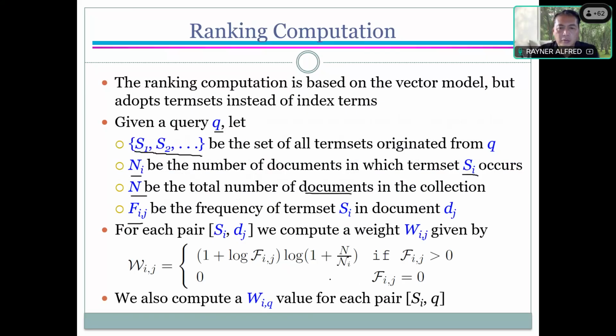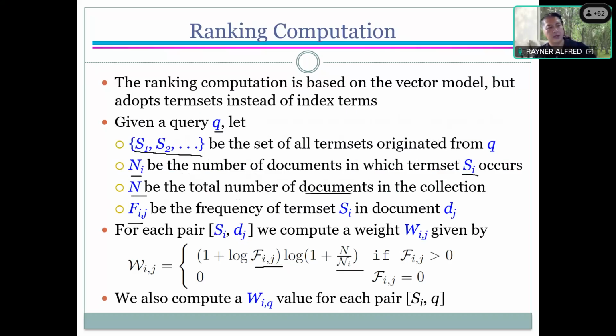So if you look at the formula, it is more or less the same. So this is your frequent term set, and this is the number of documents containing the frequent term set that we have. So the weightage will depend on these two, which is the frequency of the term set and also the number of documents containing the term set.